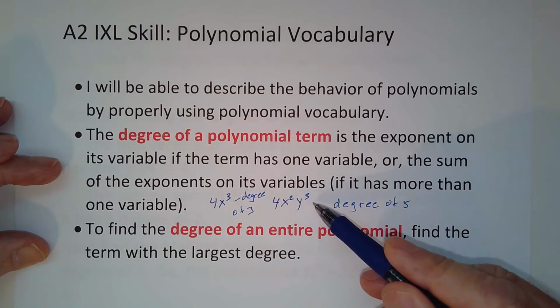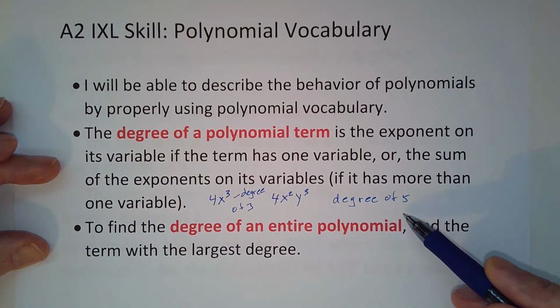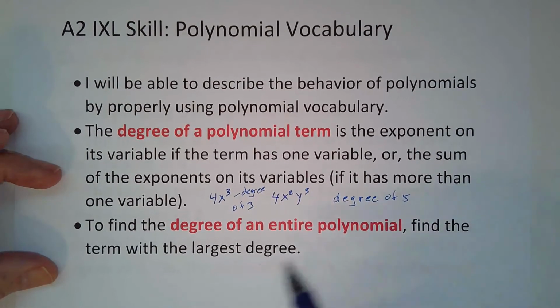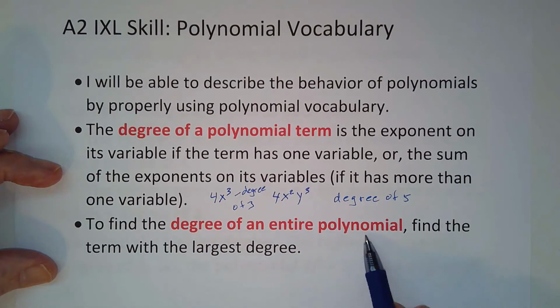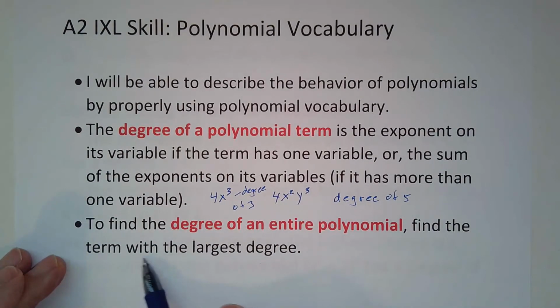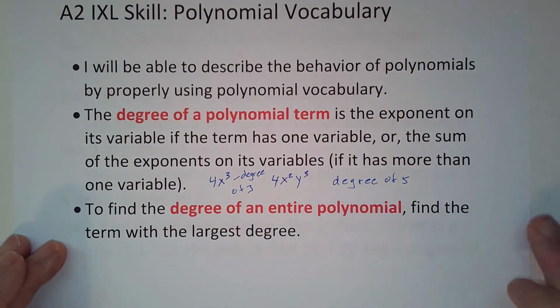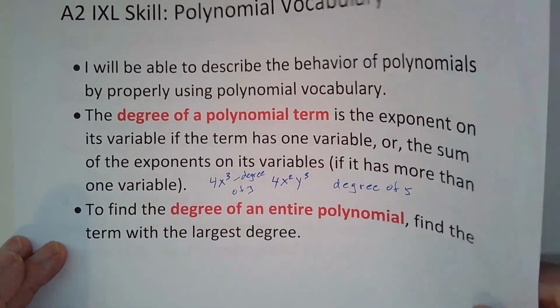You add them together, and the sum is 5, so the degree here is 5. Now, to find the degree of an entire polynomial, you need to find the term with the largest degree. We'll be giving you some examples now so that you better differentiate.